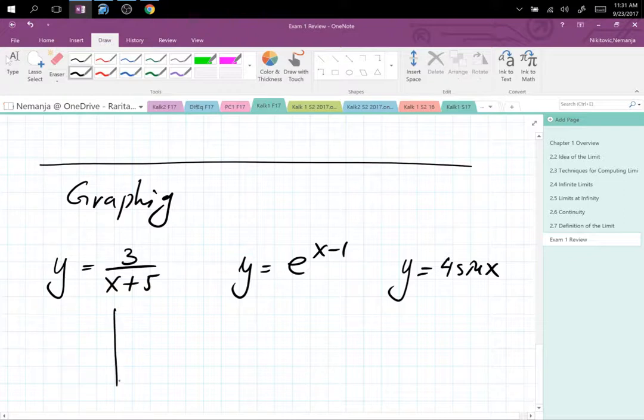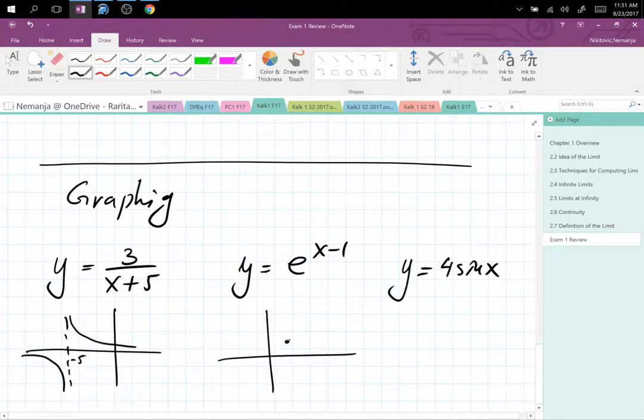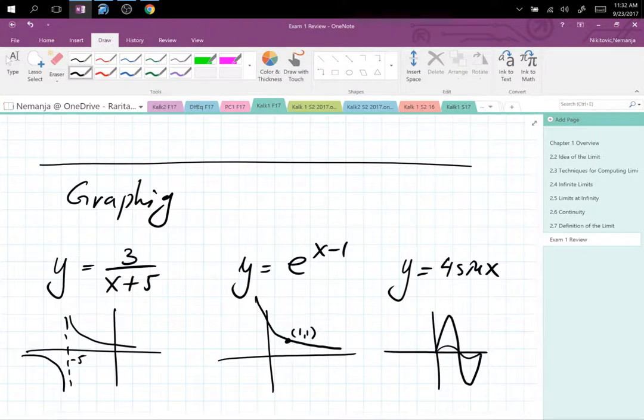So this one is shifted negative 5, 5 units to the left. This one is shifted 1 unit to the right, so it goes like this. This is 1, 1. And 4 sine. So it's going to look like this if the regular sine was like that, right? 4 times stretched, 4 times vertically. So this is the type of graph.